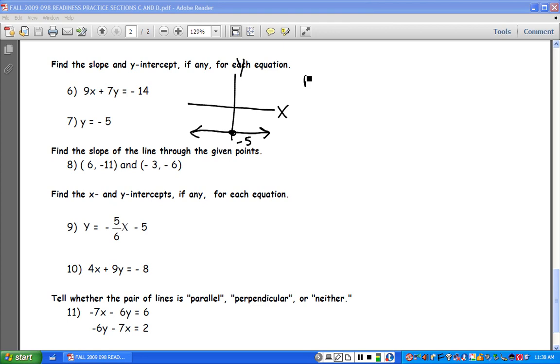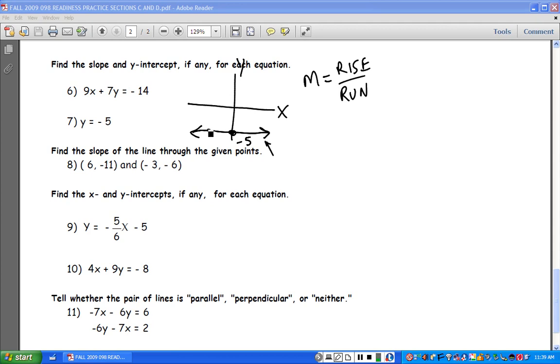So we know our slope is rise over run. If this is the line we get from y equals -5, then to find our slope, we first need to look for rise. We can pick any point on this line.